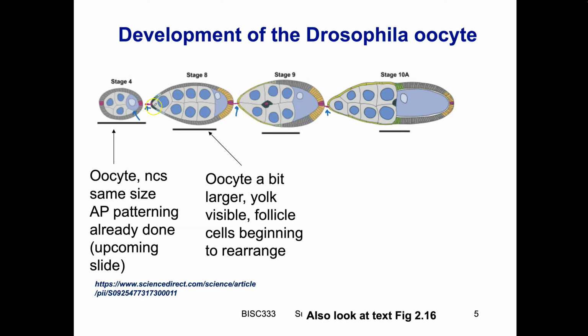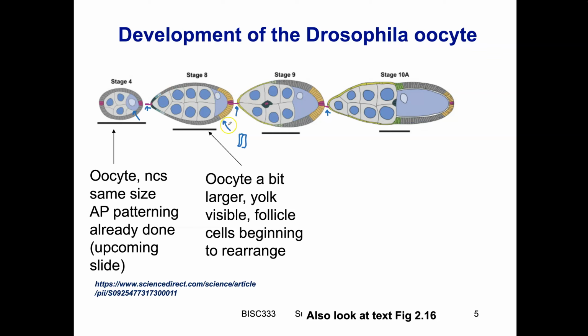And the cells are getting taller and thinner, columnar. They form columns when they're around the developing oocyte, but they get thinner and wider, and they spread out more across the nurse cells.